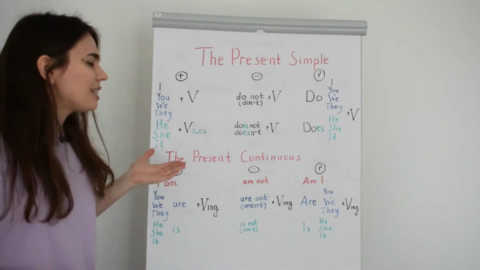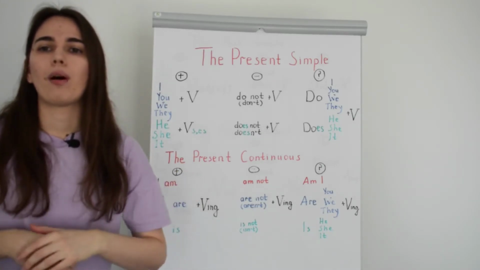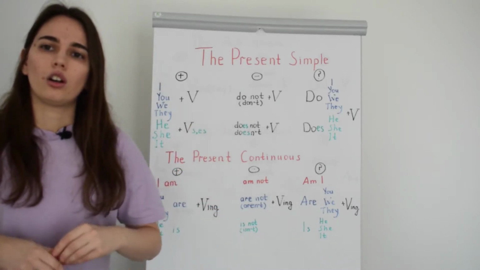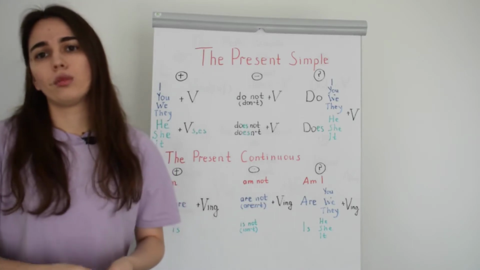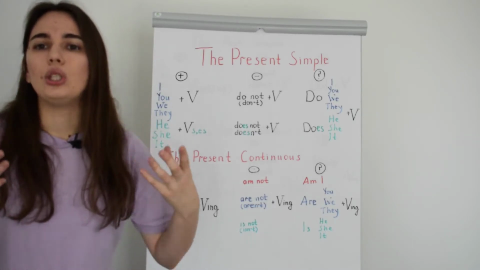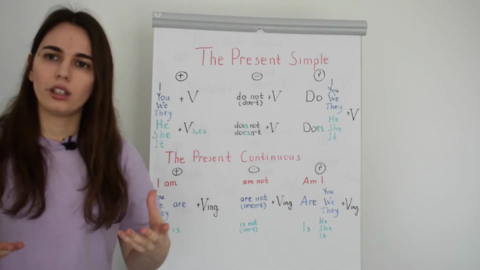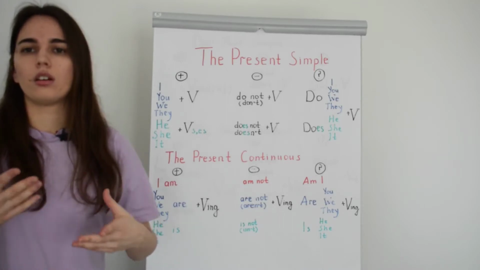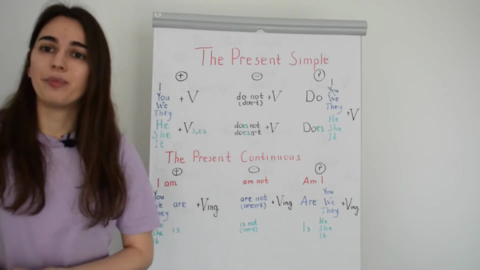And the present continuous is to talk about things which are happening right now. Actions we perform at the moment of the speech. Actions we are doing when we are talking or when we are performing them as well.